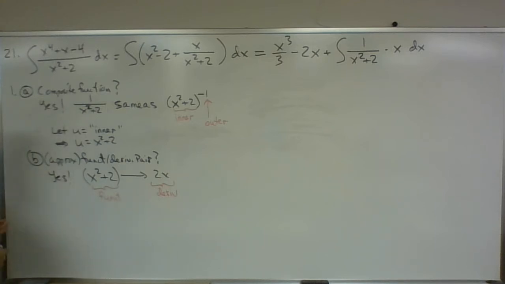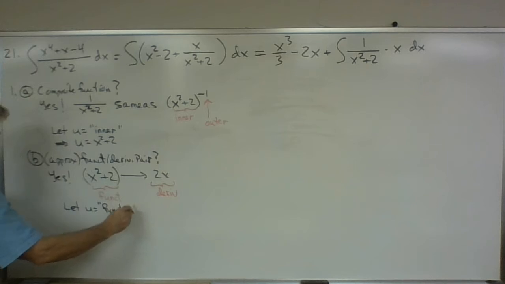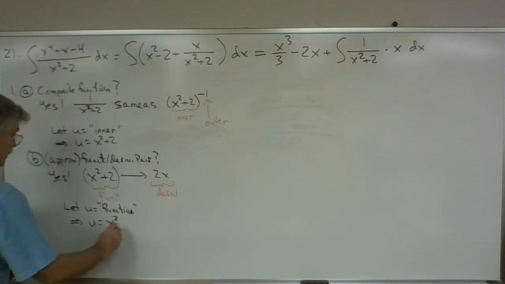And our rule of thumb in part B is to let u equal the function of the function-derivative pair. So u is x squared plus 2.